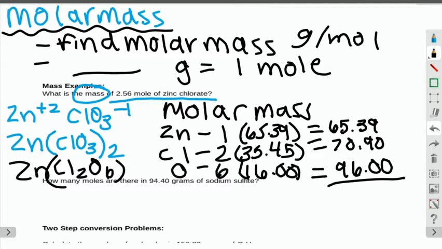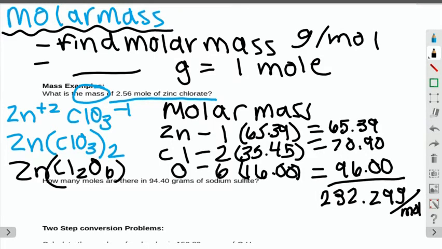So when you add 65.39, 70.90, and 96 up, you get 232.29 grams per mole. So we need to use this for our conversion.